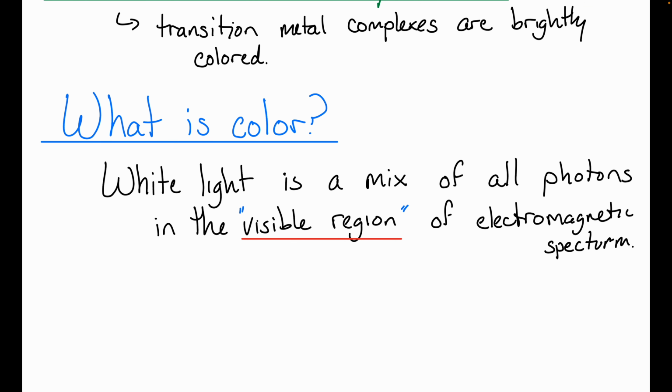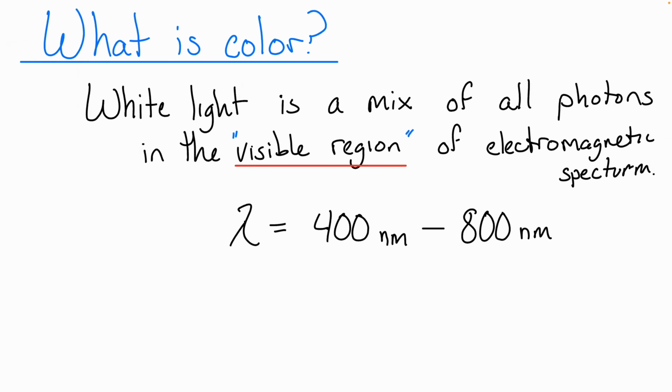And these are when that photon has a wavelength between 400 nanometers and 800 nanometers. All right, we use this fancy symbol here for wavelength.